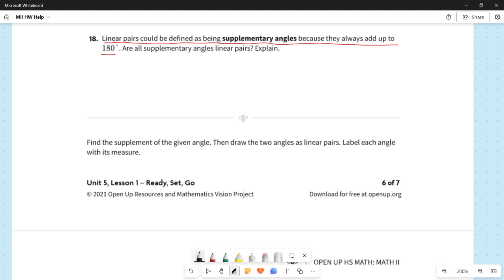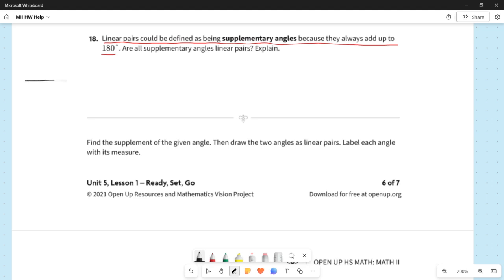And in order for this to be true, it has to be true for every single example, which means if it's not true, all we really need to do is identify one way that this is not true, and then that's sufficient for this question. So if I think about the different ways that angles could be supplementary, sure, you could have linear pairs, right?